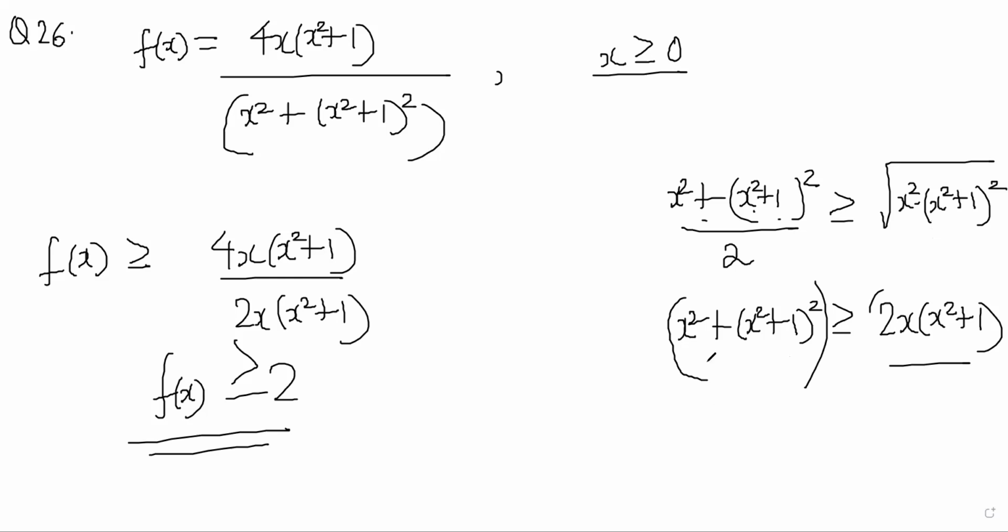So 2 times this is greater than 4x(x square plus 1), so 4x(x square plus 1) is less than or equal to 2 times this. Oh, so we are getting actually less than or equal to 2, no?